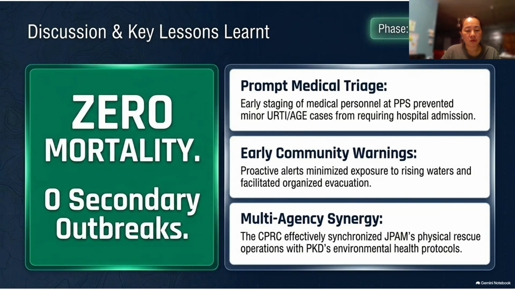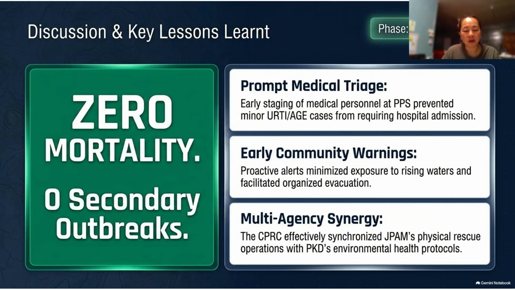And for discussion and key lessons learned about this flood, there are 3 important lessons from this flood response. First, pre-medical triage allowed minor health problems to be managed early and helped avoid hospital admissions.